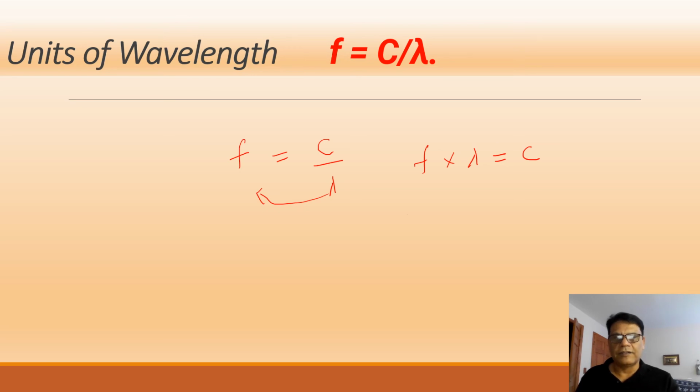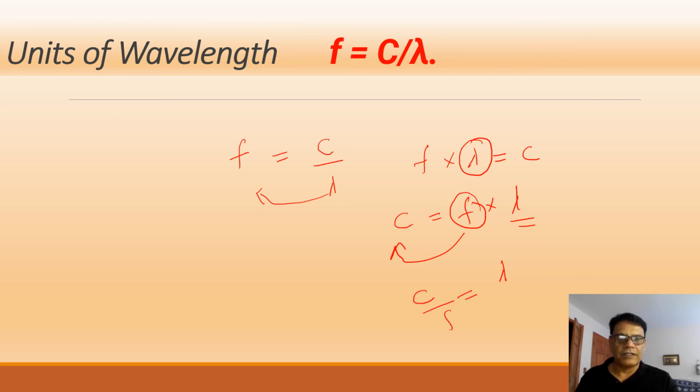Or you can write this: C is equal to F into wavelength. But we need this wavelength, so keep the wavelength here and shift the frequency on the other side of the equation. Now your equation will be C over frequency, or wavelength is equal to C over frequency. C is the speed of sound, and F is the frequency, and lambda is the wavelength.